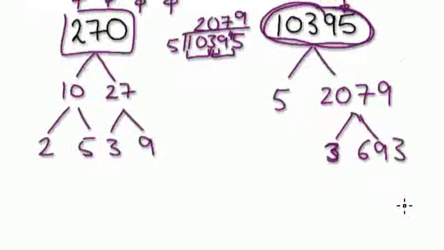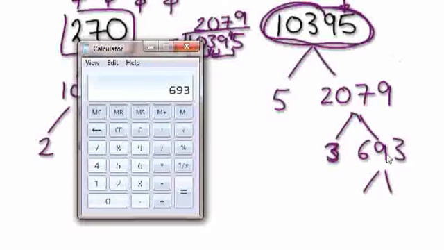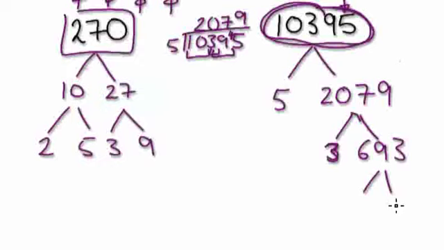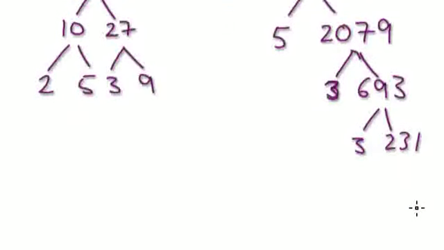Okay. Because of this 3 here, I'm going to try and use a 3 again. So let's see if we can visualize 693 as 3 times something. Let's divide it by 3 and see if that gives us a whole number. Yes, it does: 231. So we can visualize 693 as 3 times 231.